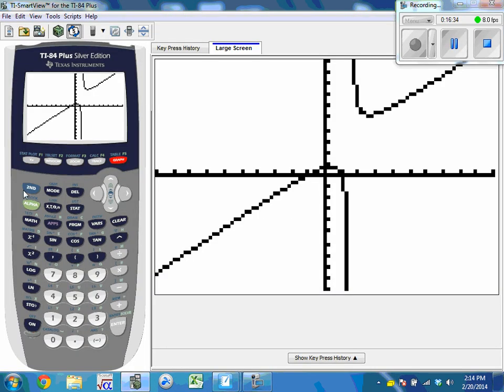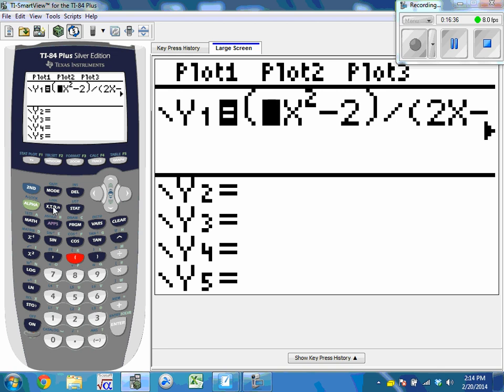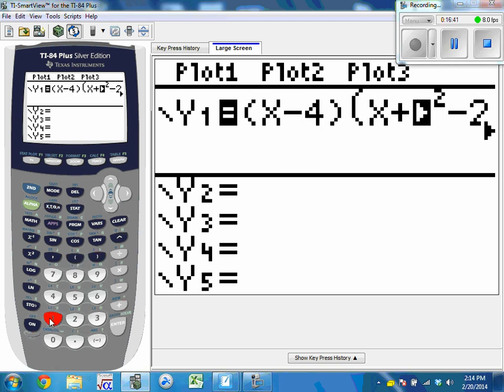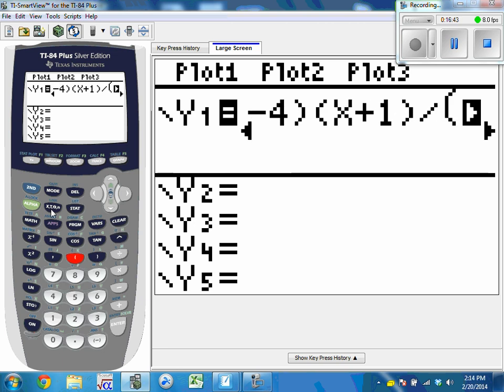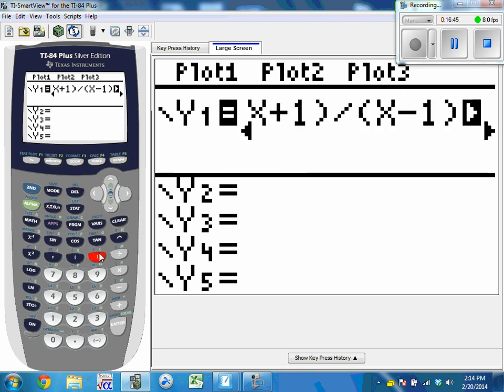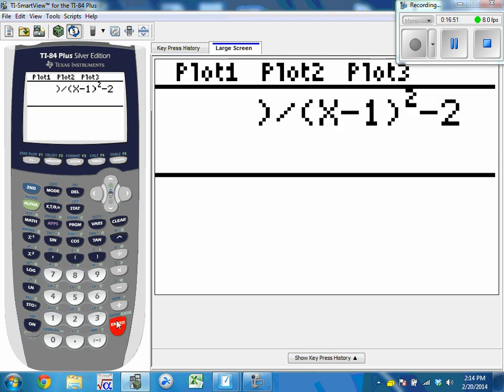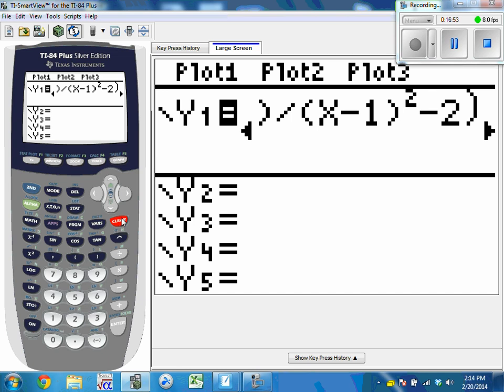So if we try to graph this, we have x minus 4, x plus 1, divided by x minus 1. I do not expect you to do this whole thing without a calculator.